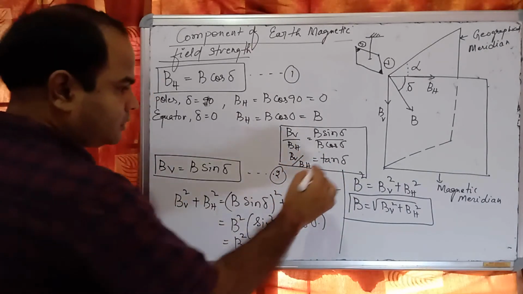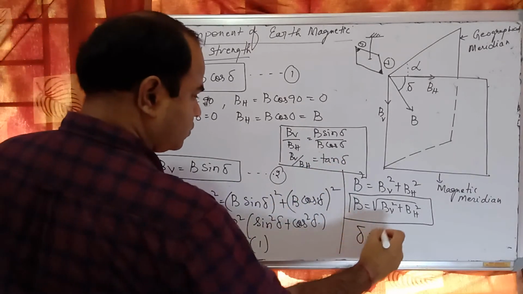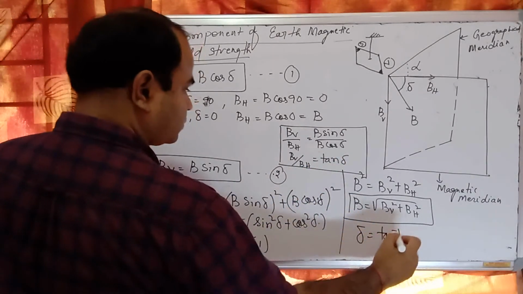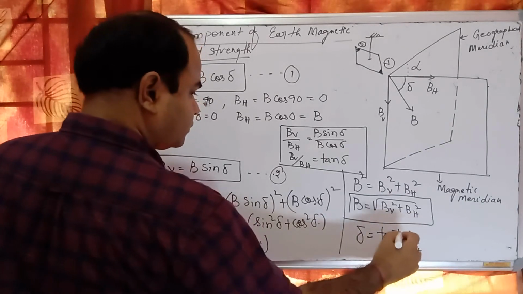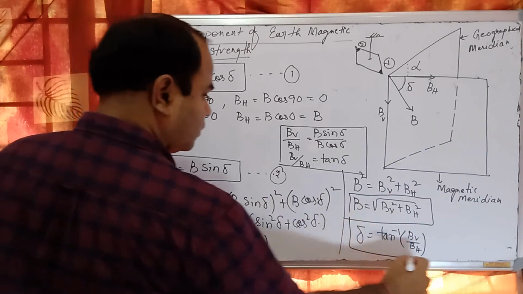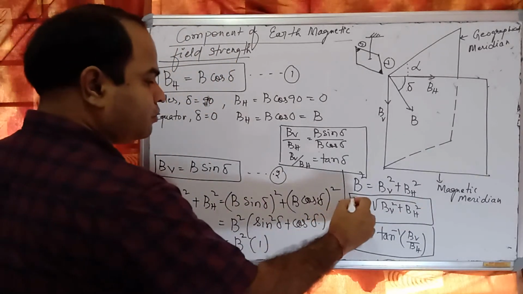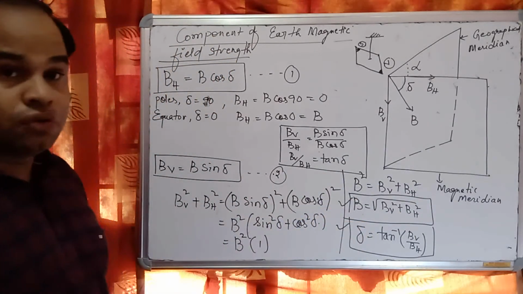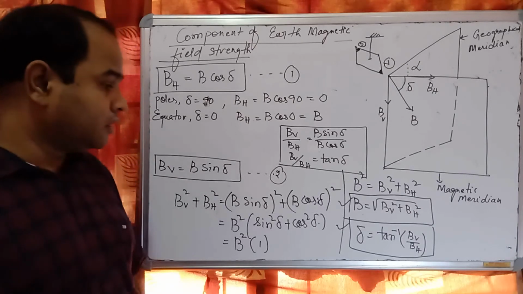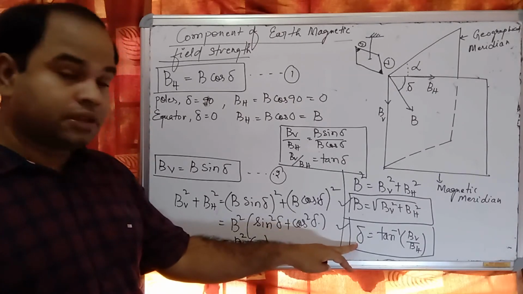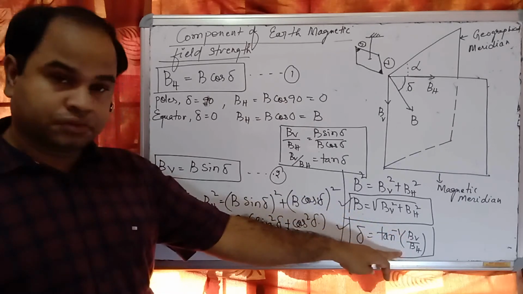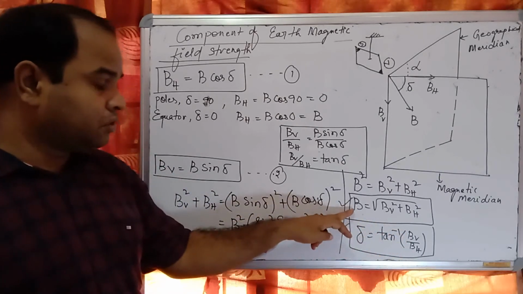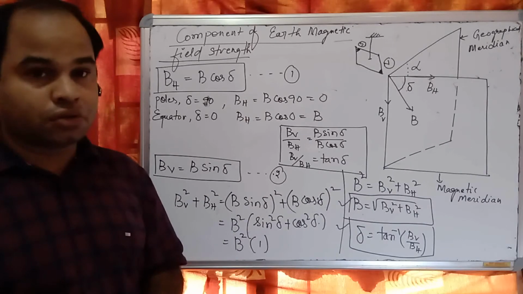So delta is equal to tan inverse of BV by BH. This is important for doing numericals. Again, the dip angle is equal to tan inverse BV by BH, and B is equal to root over of BV square plus BH square. Okay.